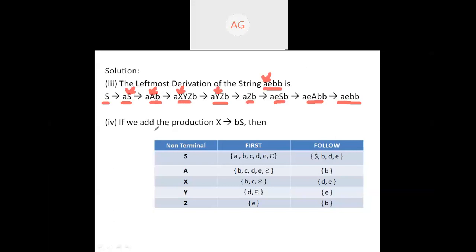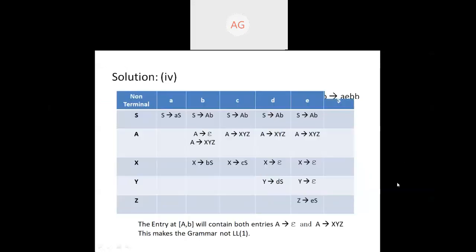And in the last part, if we add the production X produces BS, then there are changes in the first and the follow of this grammar. The first changes to this, these are added: S, A, and B are added, and so this is the model answer. Now moving to the next slide, and this is the LL1 parser table.